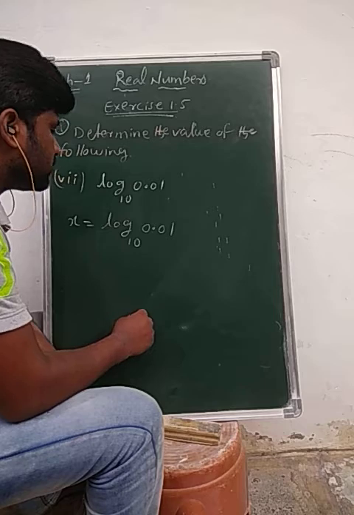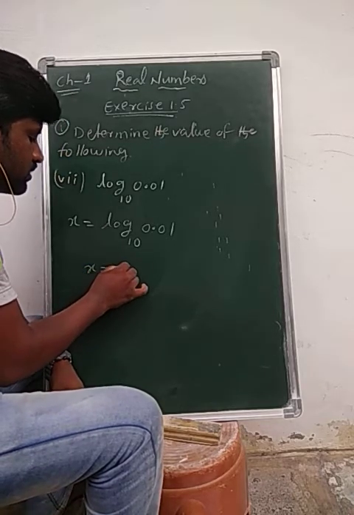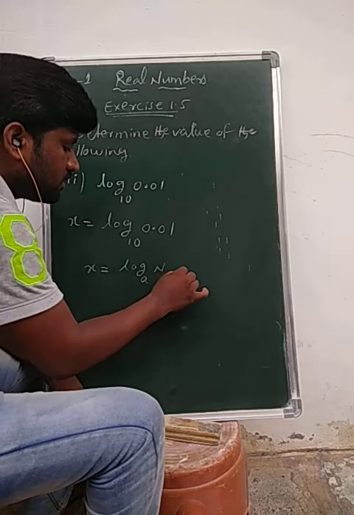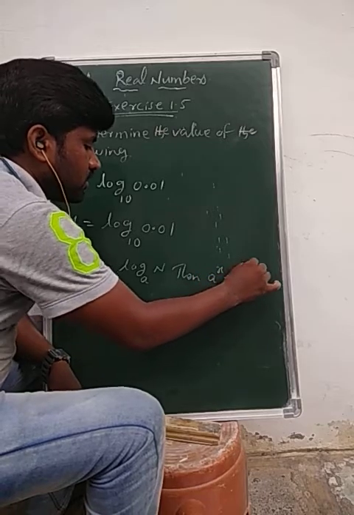Now what I am doing here: as per the formula, if x is equal to log of n to the base a, then a power x is equal to n.